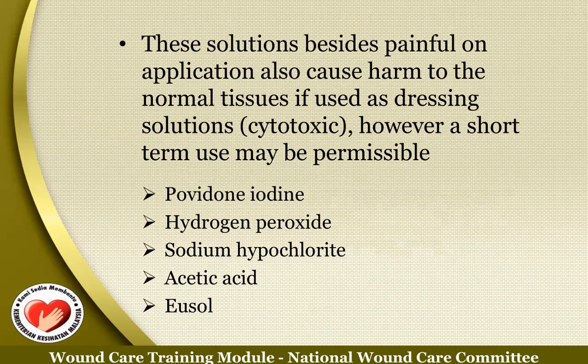There are a few solutions that are actually cytotoxic to use for wound cleansing. However, a short-term use may be permissible for a particular wound. Such as povidone iodine, hydrogen peroxide, sodium hypochlorite, acetic acid, Eusol.